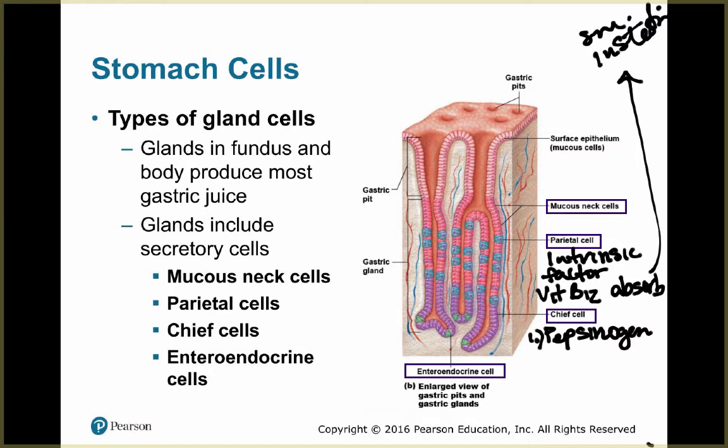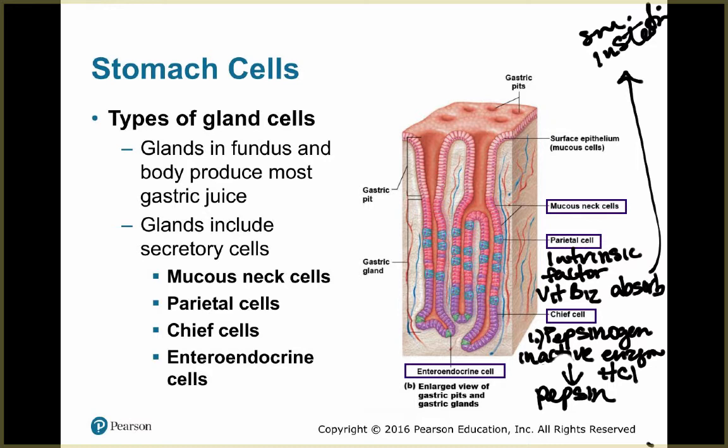And so this is an inactive enzyme that gets changed into pepsin due to HCl.